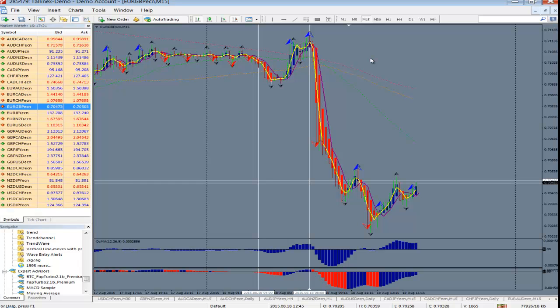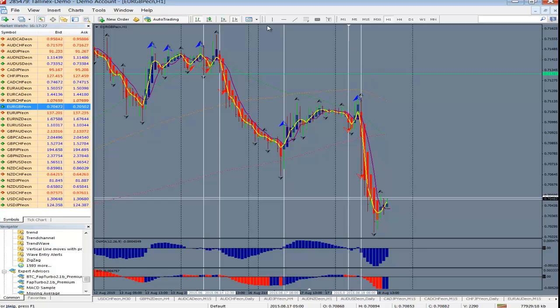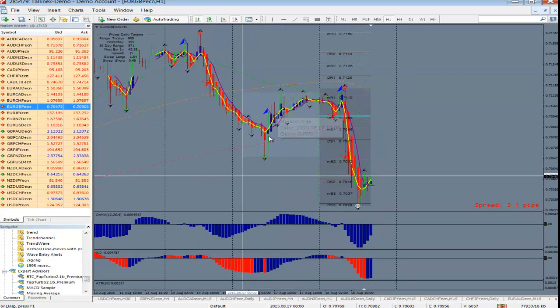It's more tools to help you determine how to trade the market and be in tune with the market. Okay, you see a few more indicators and shades and numbers on the chart. Once you know how to read this, this tells you exactly which way you should be trading.